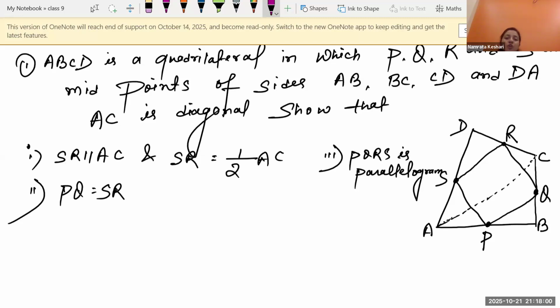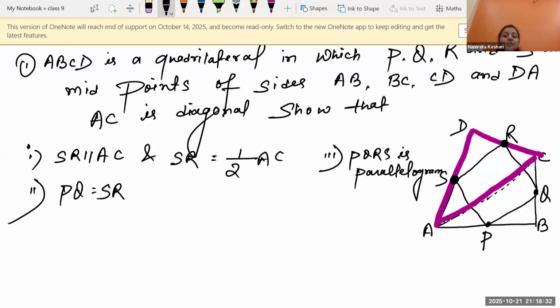Now with this much information, prove that SR is parallel to AC. It's really simple. You just need to use the midpoint theorem. The first part, SR parallel to AC. If you take this triangle, the purple-colored triangle, we already know S is the midpoint and R is the midpoint.